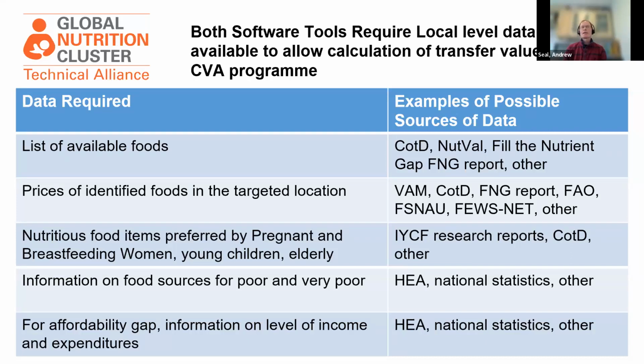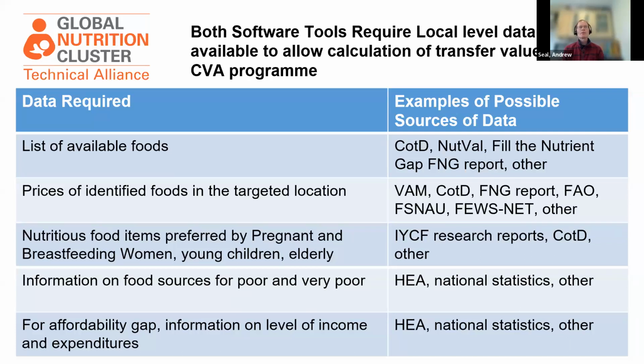So we are likely to have to look for additional food information. And of course, focusing on CVA, it is critical to get good price data and also to get some indication of what we can expect to happen to those prices over the period that the program is being designed for. So what sort of inflation are we likely to expect in those food prices?